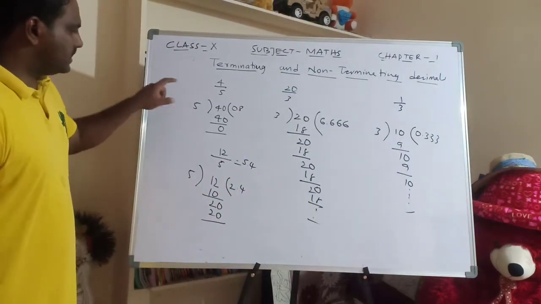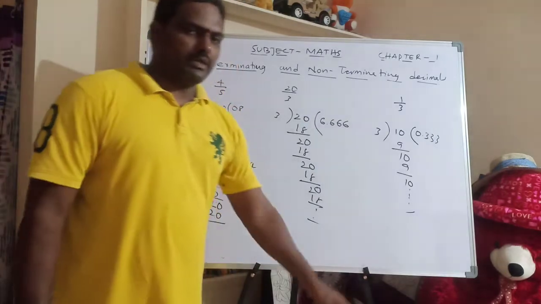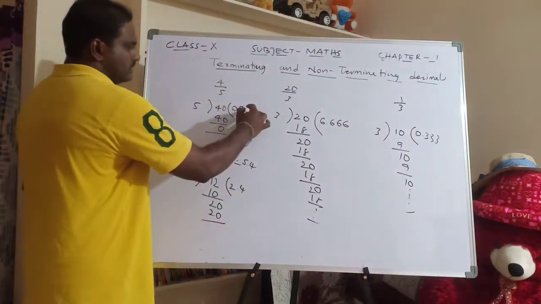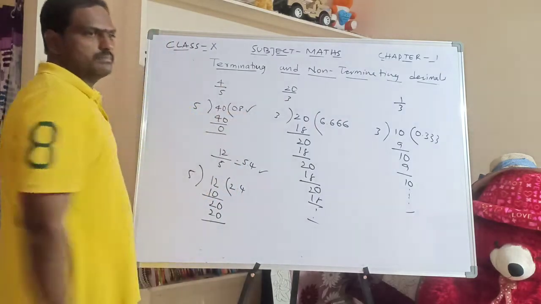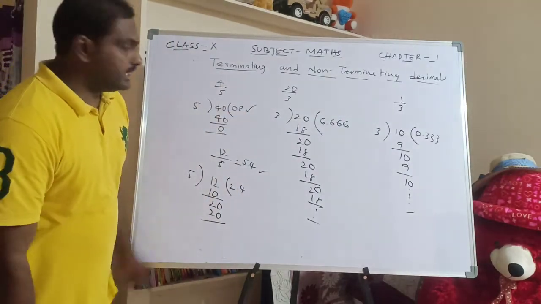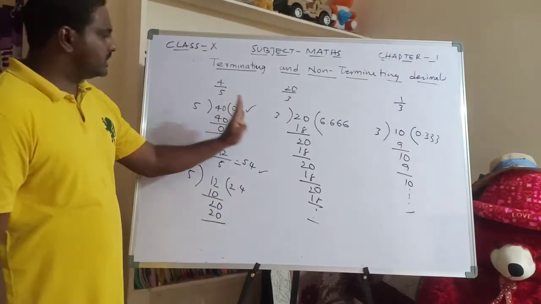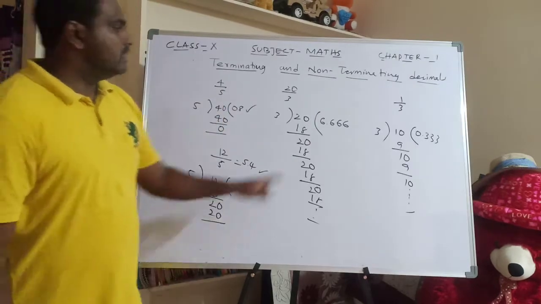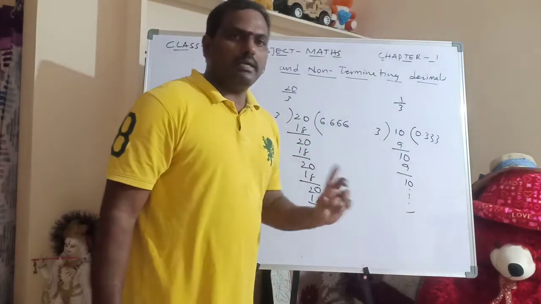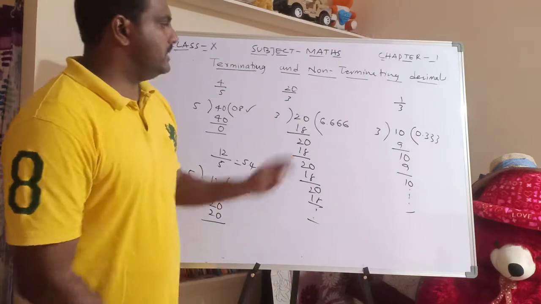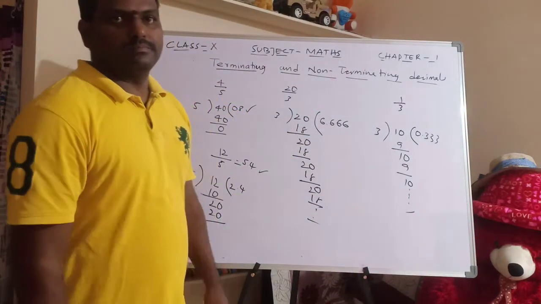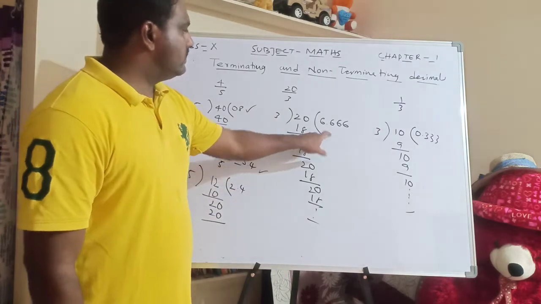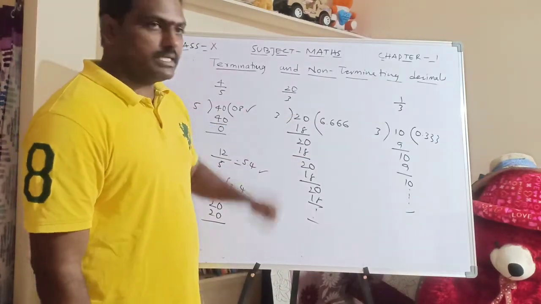If you carefully observe these 4 examples, the first two are called terminating decimals. Decimal means a point number, and terminating means it stops. And the other two are called non-terminating decimals, meaning there is no end, it goes on continuing. Whether these are rational or irrational?